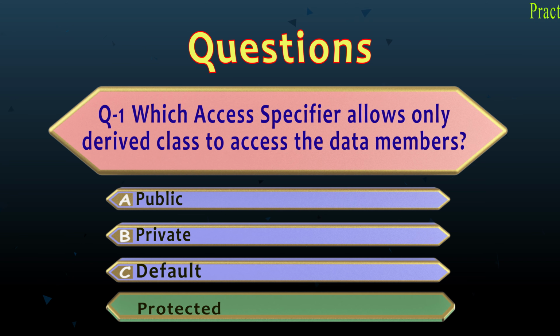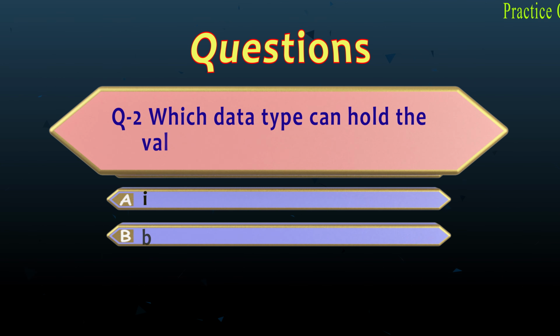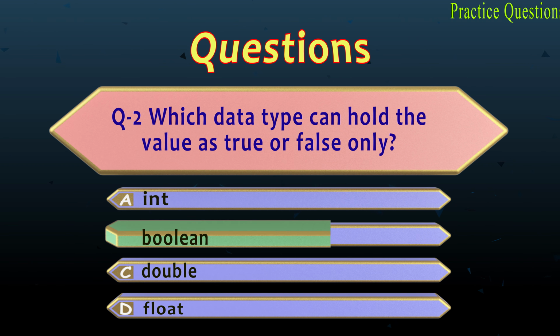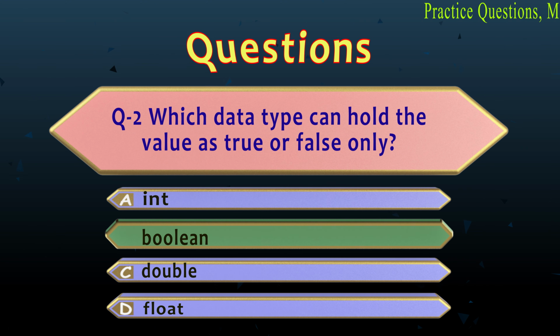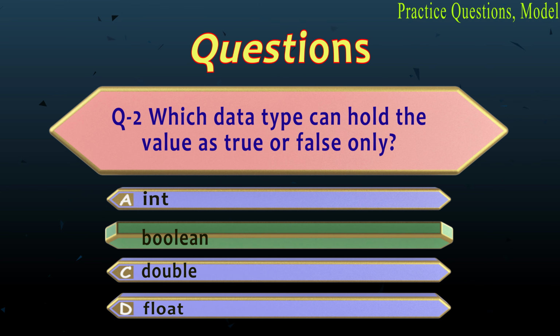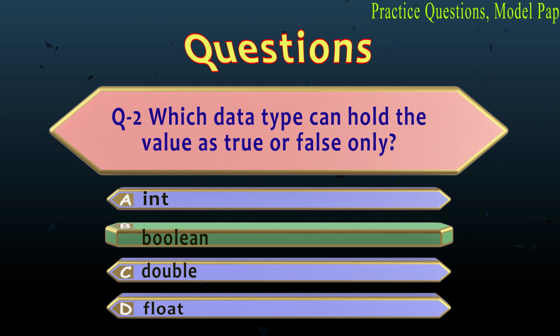That is the protected way. The next question is, which data type can hold the value true or false only? The correct answer is Boolean. To represent true or false, that is 1 or 0, we can simply use the Boolean value. Like if we are having any condition like if, in that case we can use Boolean values.